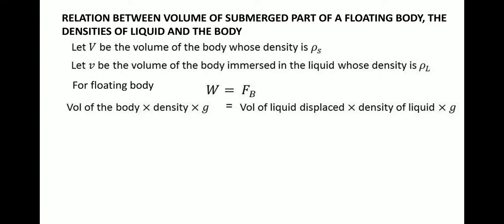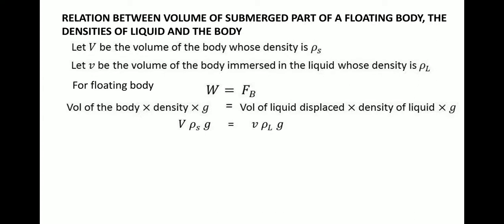In short, we can write the volume of body as capital V, density as rho s because it's the density of the solid, into g, acceleration due to gravity, which equals small v, the volume of the liquid displaced, into density rho L, into g.